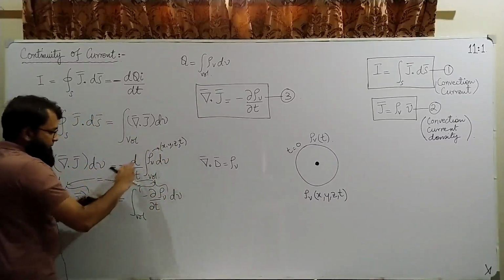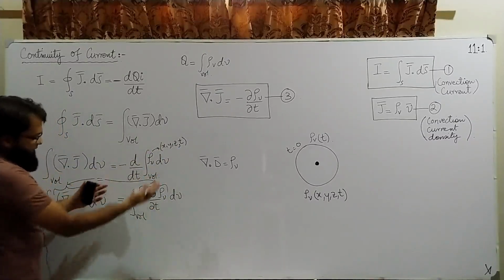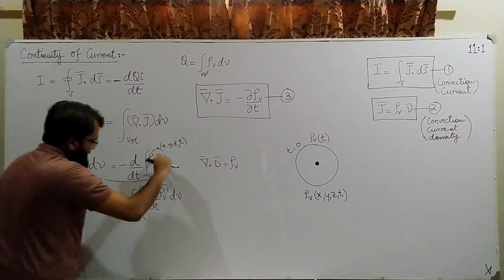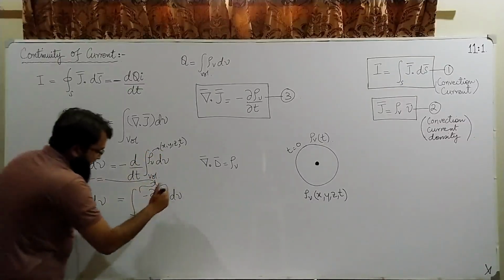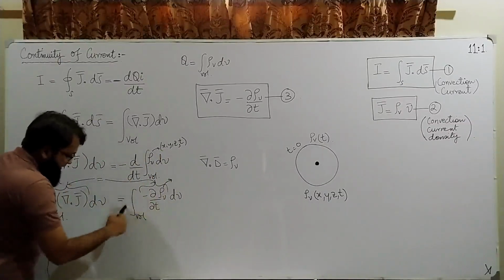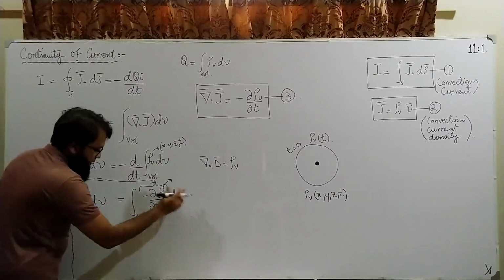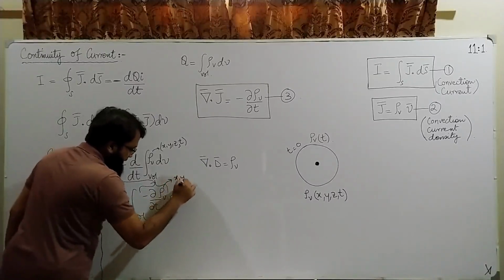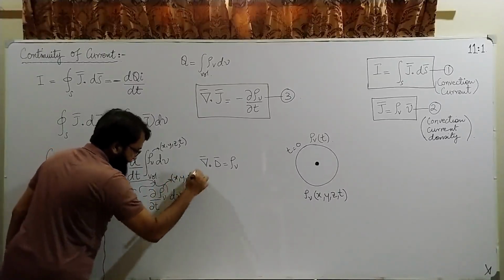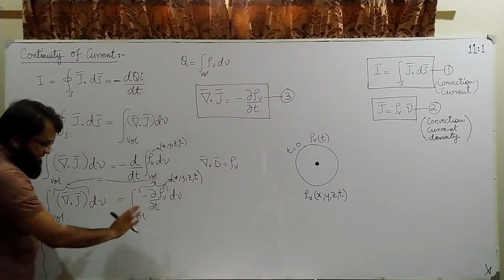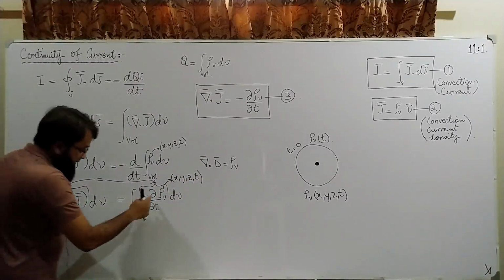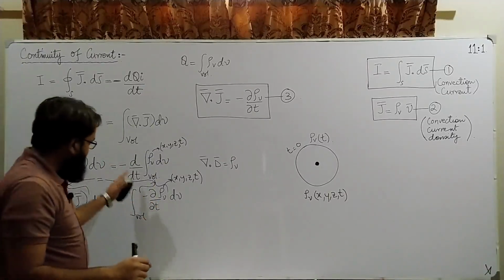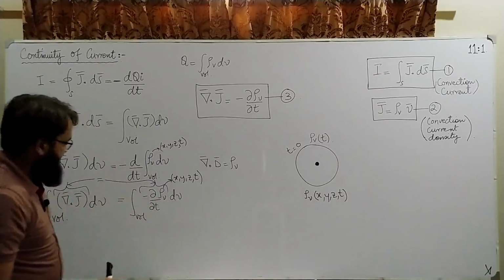So the derivative with respect to time, this is a normal derivative, makes sense. But if we move this derivative sign within the integral sign, up till now, since the integration has not been performed with respect to volume or space, rho v is a function of x, y and z and also t. So this derivative with respect to time should become a partial derivative while we are taking it inside the integral sign.